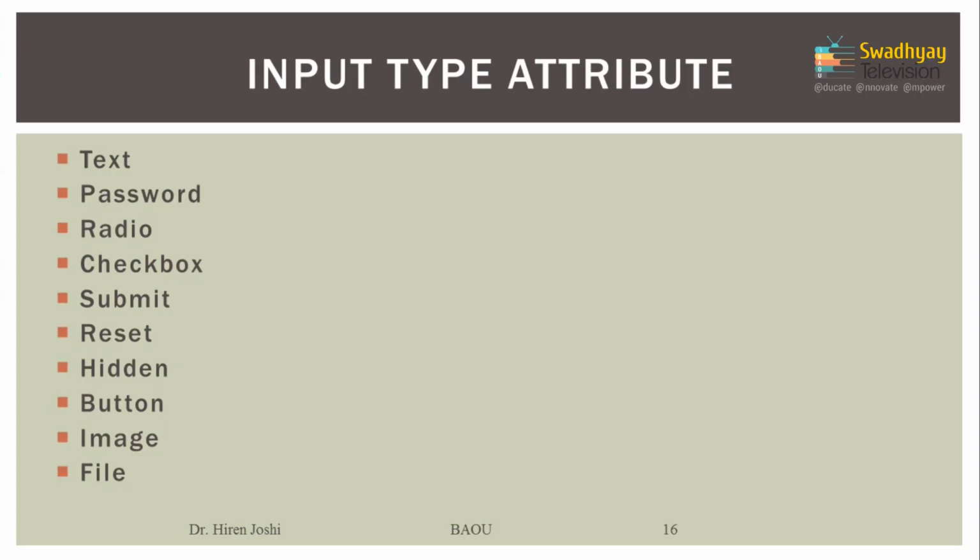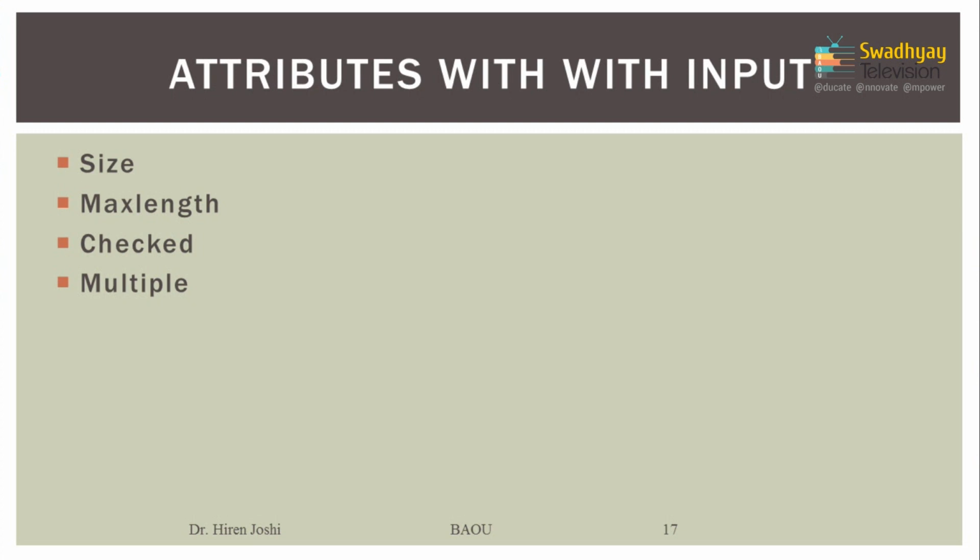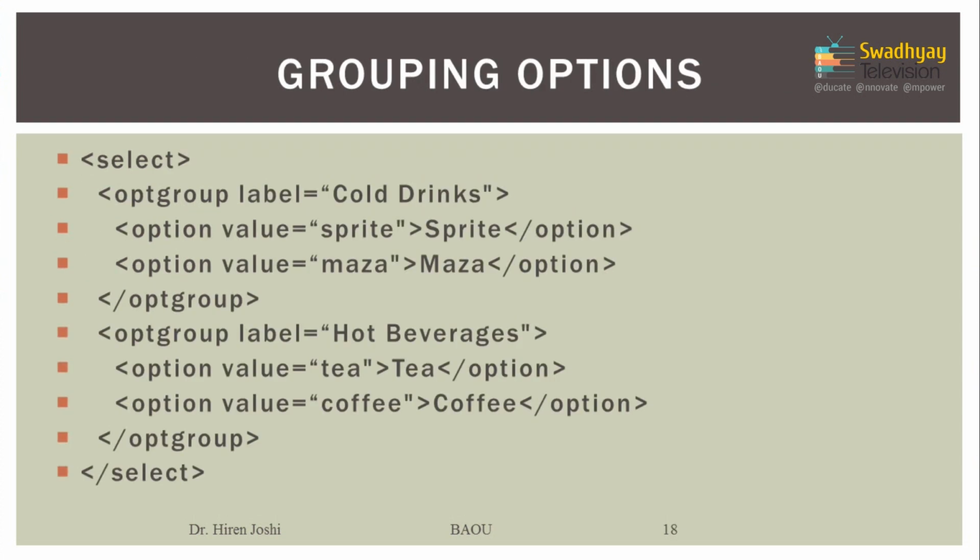I have taken text, password, radio button, checkbox, submit, reset, hidden, image and file. The size attribute is used with text box, maxlength you can use with text box as well as password. Checked is used with radio button and checkbox. Multiple is used with select to select multiple options from that drop down box.